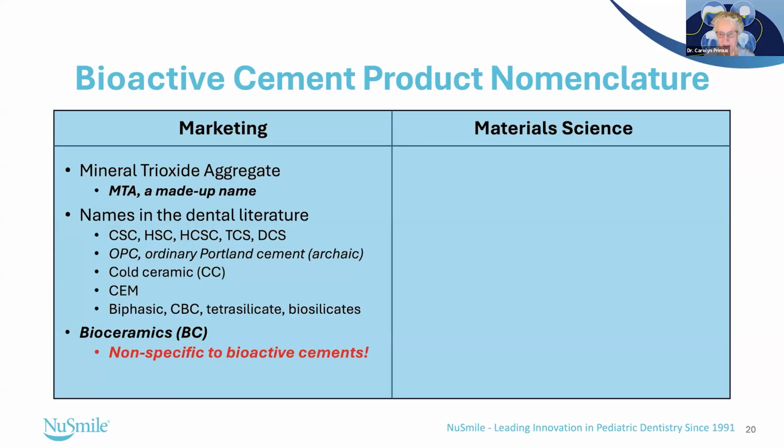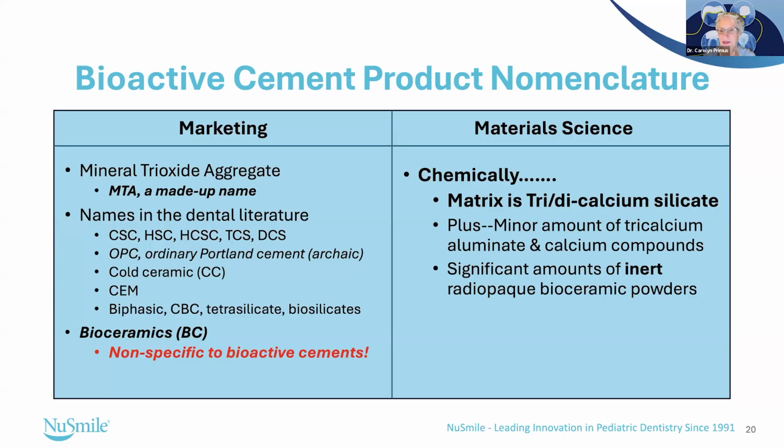So let's add a little material science to this, and all the products that I showed you on the previous slide and on a few coming up, they're all based on the calcium silicate cements with either the ceramic phase of tri or dicalcium silicate. They're often manufactured together.